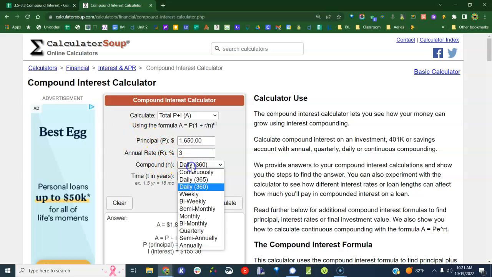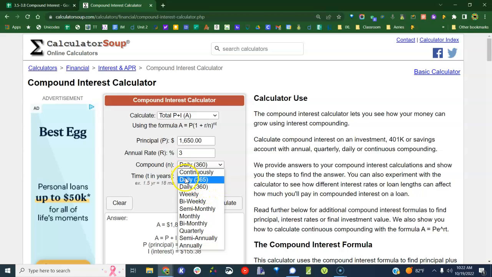Now for compounding, there's different ways of compounding. You can compound once a year, twice a year, 3 times a year, 24 times a year. 24 would be semi-monthly, right? So there's different ways of compounding. Usually it's daily or continuously, right?